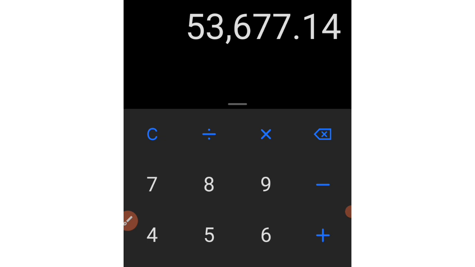Now, after we have sold the coin, we'll be having 53,677, which means there's an additional 3,677 to our money. So just within 10 minutes, you have gotten 3,677, and then you continue to do it like that. Just imagine how much you'll be able to get in one day. So this method is very simple.